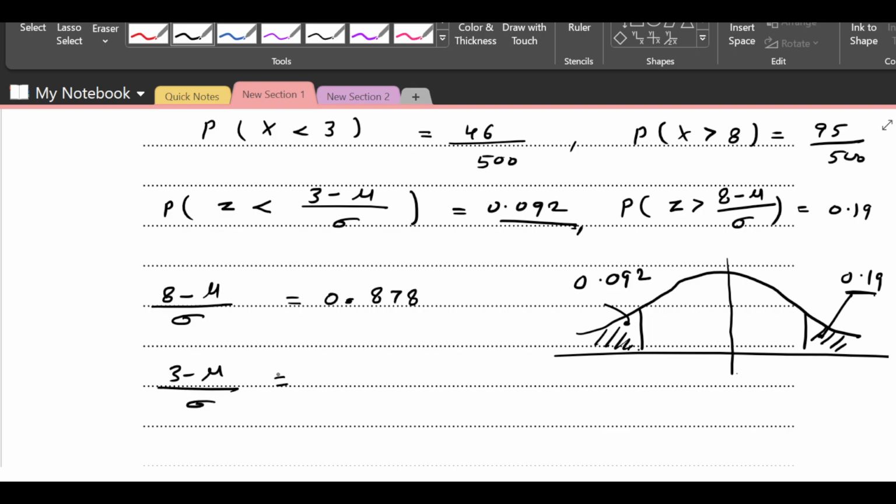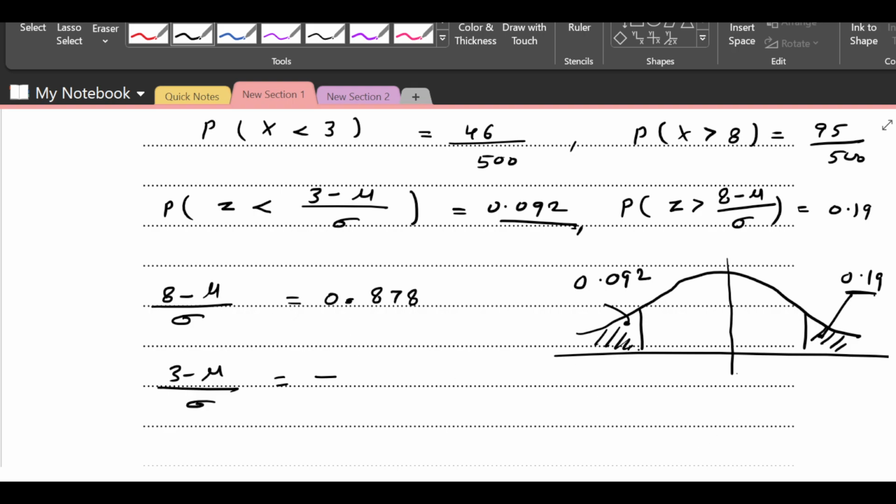See here, this whole part, if I transfer it to that side, is one and the same thing, only the sign differs. The sign in this case is negative, so minus, and here also 1 minus 0.092. So this comes out to be 0.908.